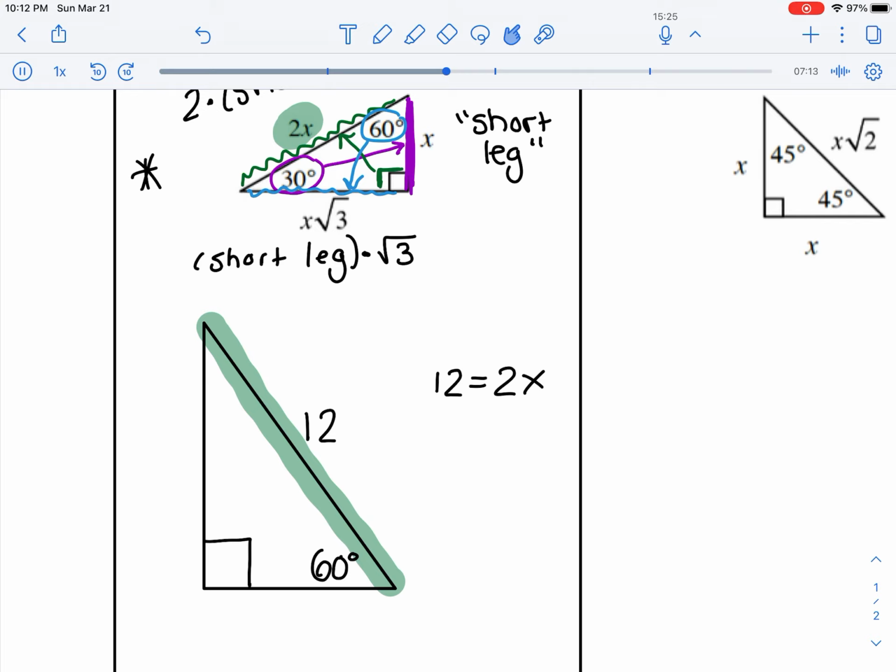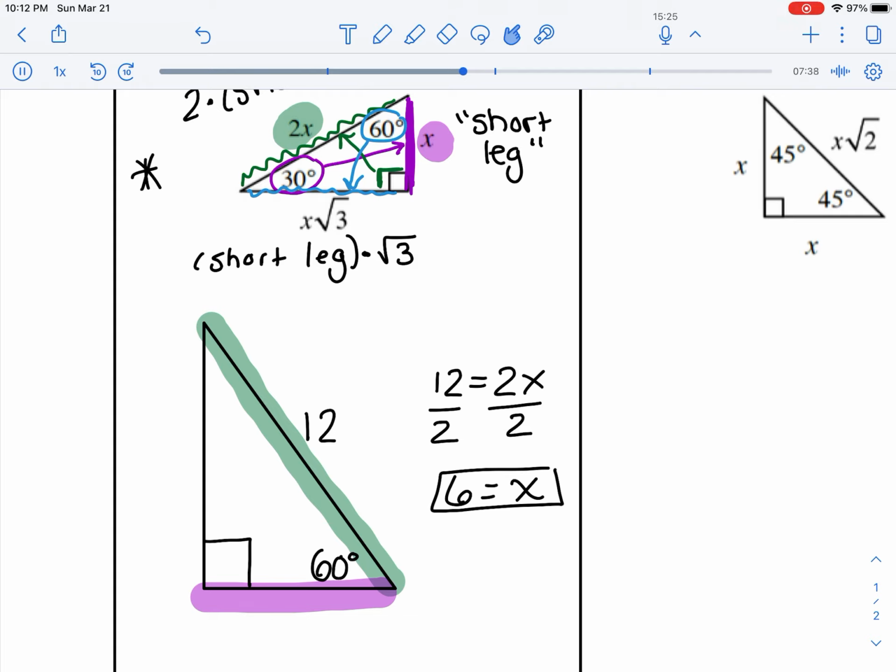I'm going to solve for x by dividing both the left and the right by 2 and get that 6 equals x. But what is x? Oh, hey, x is my short leg, the leg which is opposite of 30 degrees.